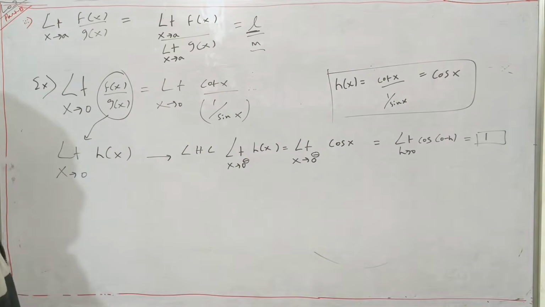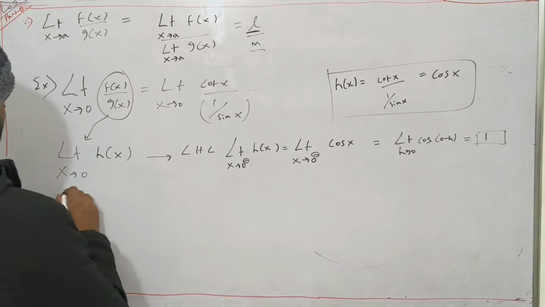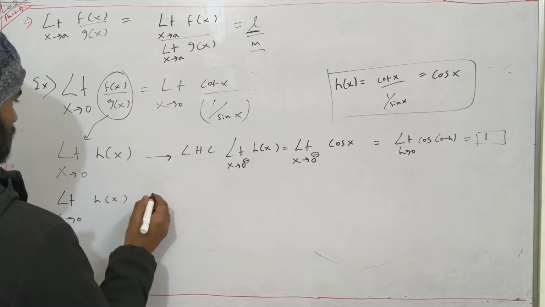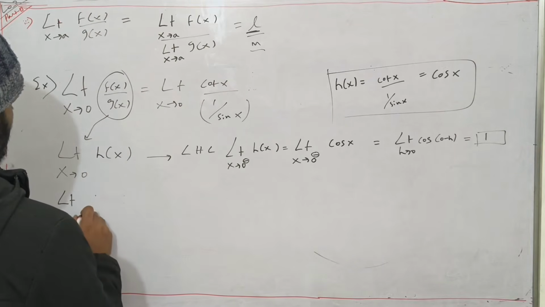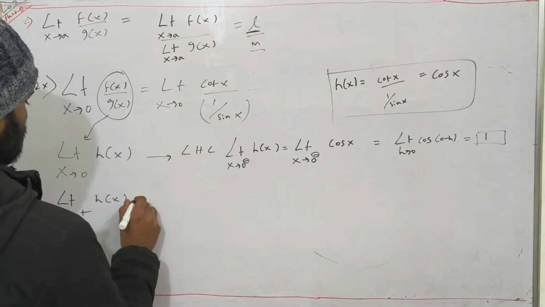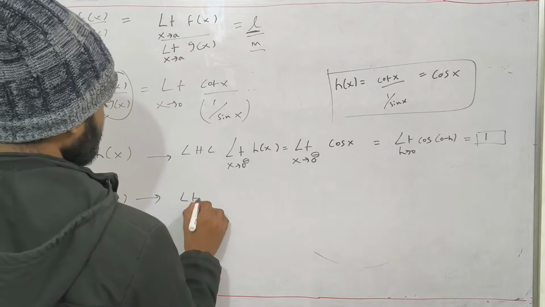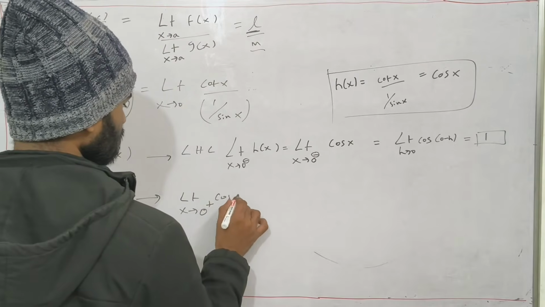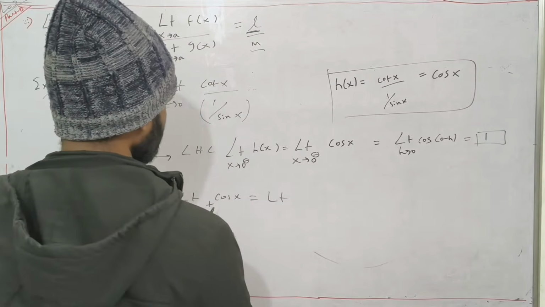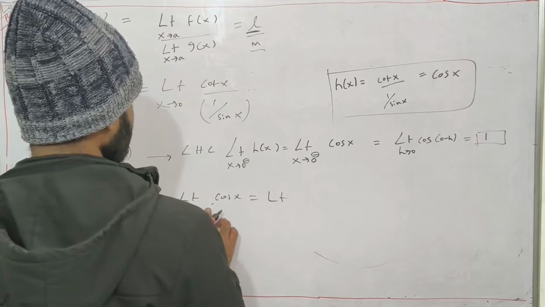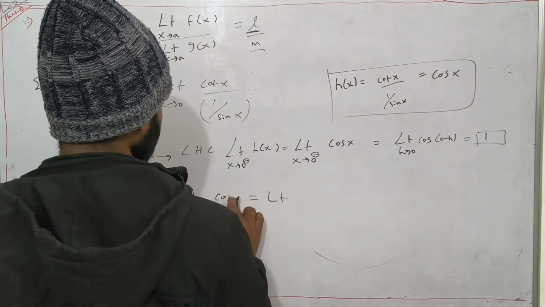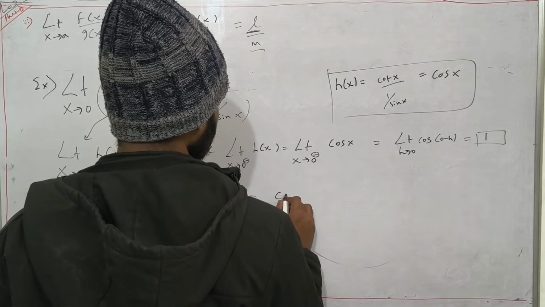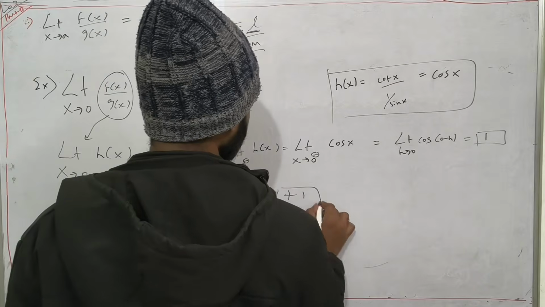Similarly, limit x tends to 0 of h of x, the right hand limit we want to find. 0 plus h of x equals limit x tends to 0 plus of cos x, which equals +1.